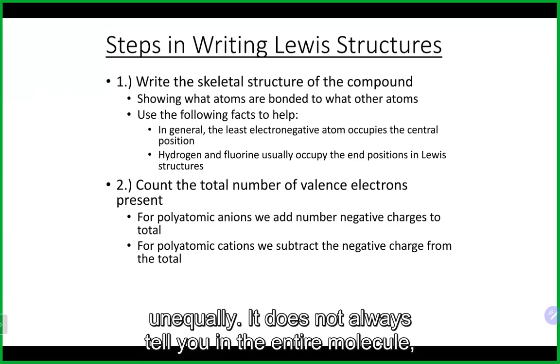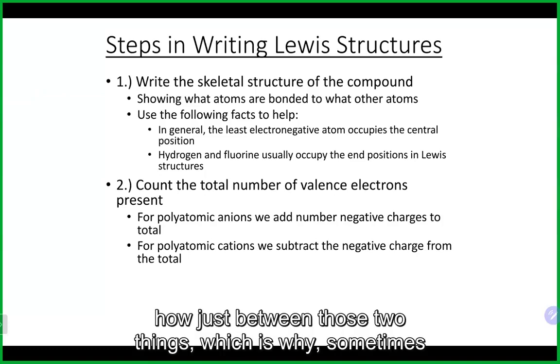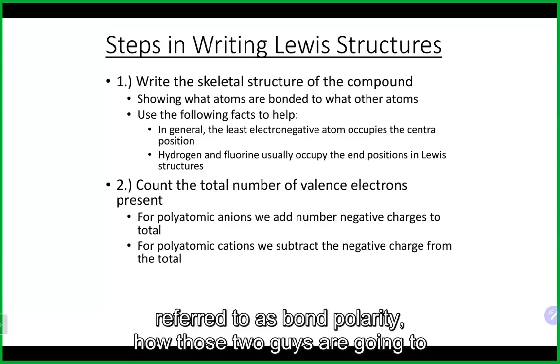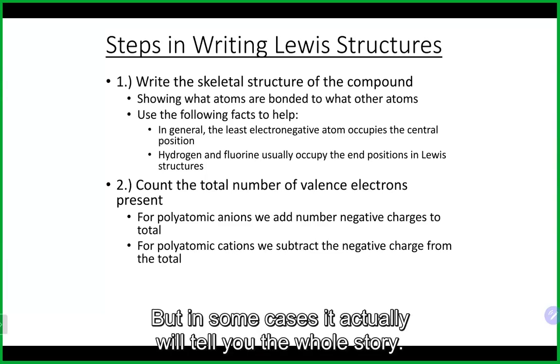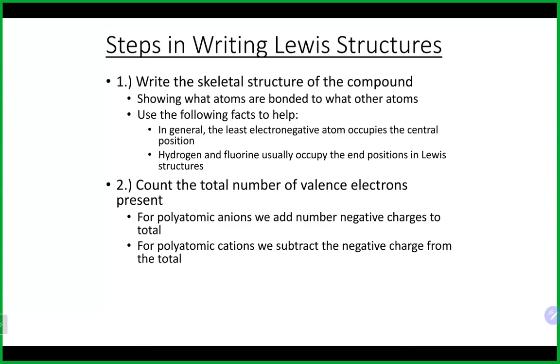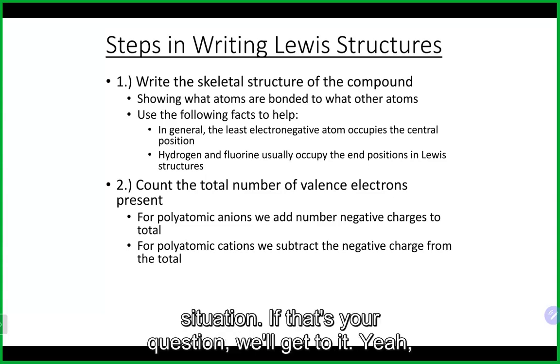It does not always tell you in the entire molecule how everybody's going to share the electrons, but it tells you how just those two guys are going to share the electrons, which is why it's sometimes referred to as bond polarity. We will talk about it a little bit later, but in some cases it actually will tell you the whole story, and in other cases it will not. So it kind of depends on the situation. If that's your question, we'll get to it.